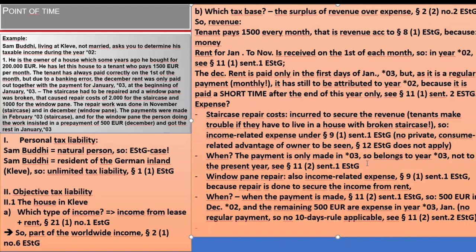So we have naturally forgotten something, an expense which is not explicitly mentioned: the depreciation for the house. Under paragraph 7.4, number 2 ESTG, a house which has been built after 1924 is depreciated with 2%.